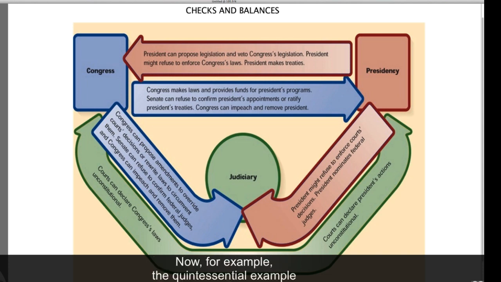Now, the quintessential example is how we fill a vacancy on the United States Supreme Court. In this chart in front of you, it shows arrows overlapping and going in different directions. If there is a vacancy on the U.S. Supreme Court, where there are currently 9 seats, if someone retires or passes away, the judicial branch is not allowed to fill its own vacancy.